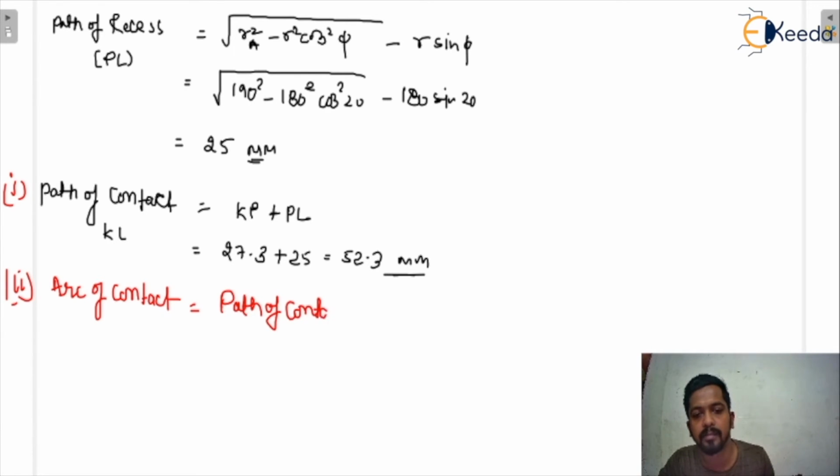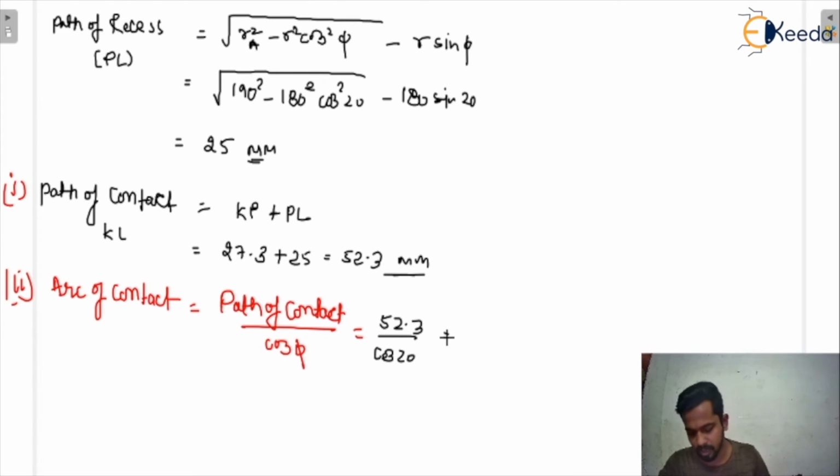Path of contact upon cos of phi. We have all the values. Path of contact is 52.3, and cos 20 degree. When you solve this, you will get the value of 55.65 mm.